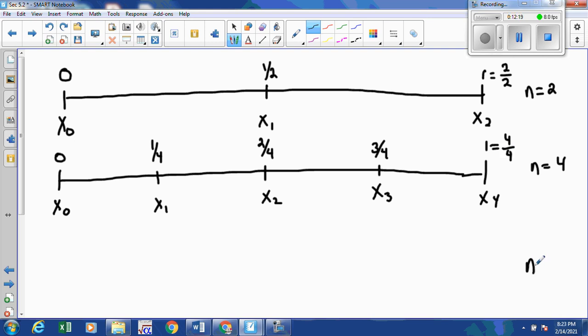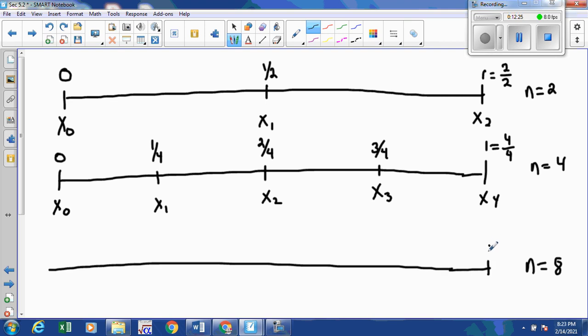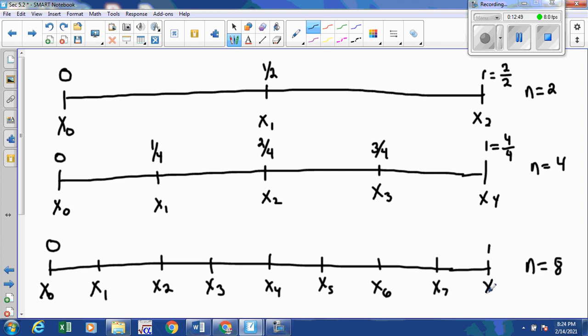Now, if we do it one more time, let's go to 8. We do the same thing. From 0 to 1, we divide this again. This would be x sub 0, x sub 1, x sub 2, x sub 3, x sub 4, x sub 5, x sub 6, x sub 7, x sub 8.